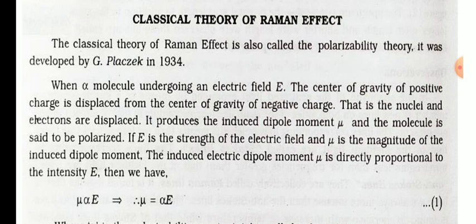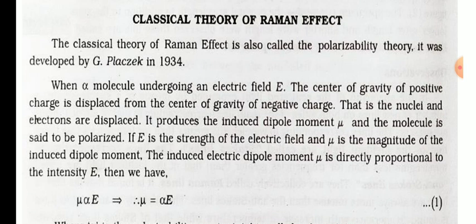Therefore, if E is the strength of the electric field and mu is the magnitude of the induced dipole moment, then this induced electric dipole moment mu is directly proportional to the intensity of the electric field of the electromagnetic wave.